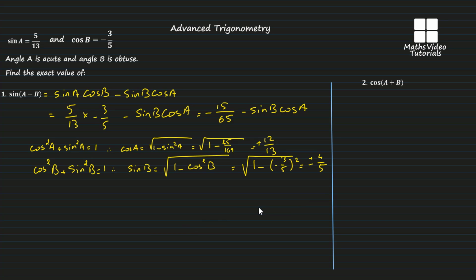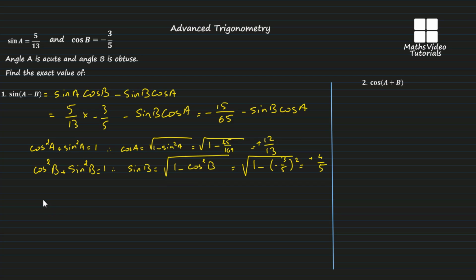Again, according to the cast diagram, in the second quadrant, the sine function is positive because that's what we've been told. B is obtuse, therefore it is in the second quadrant, so it has to be positive. So again, let's remove this minus there. So we keep the positive sign. So we got the sine B, we got the cos A. Let's substitute them into this expression.